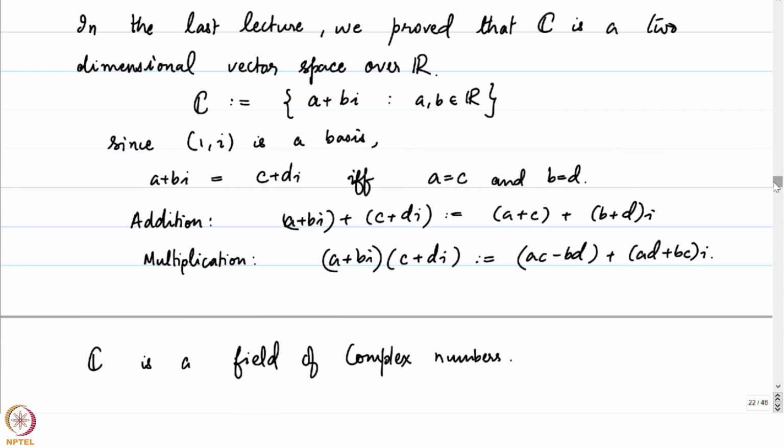All right, so for any two-dimensional vector space, from your course on linear algebra, you will be aware that this is going to be isomorphic as vector spaces to R2.